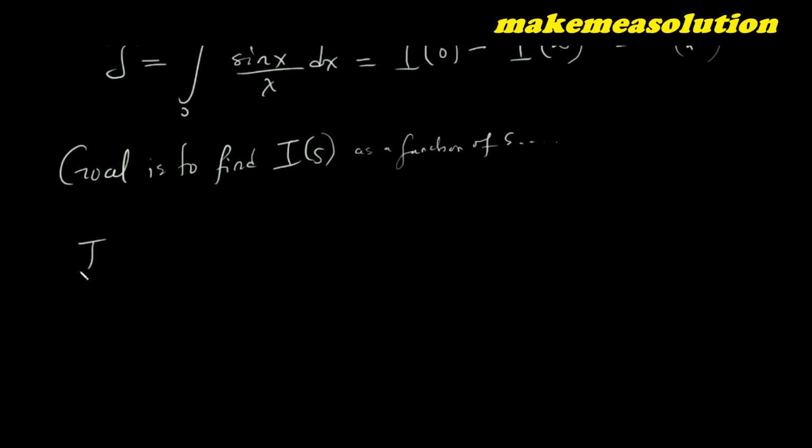We can remember that we defined our I of s as this integral from 0 to infinity of exponential minus sx, where s is just a dummy variable, times sine x by x dx. Is that okay? The next thing we usually do is to find the derivative.